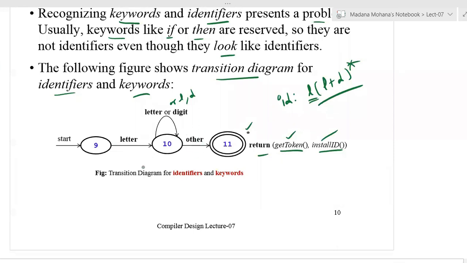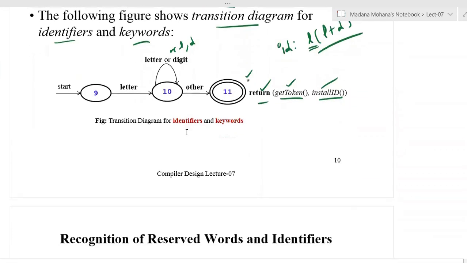Then these identifiers are also considered as keywords sometimes, like if, then, which look like identifiers, but those are all reserved words also. Here return. So return is the keyword actually, which is a reserved word. So like that, if, then, else also. So this is another transition diagram for identifiers and keywords.